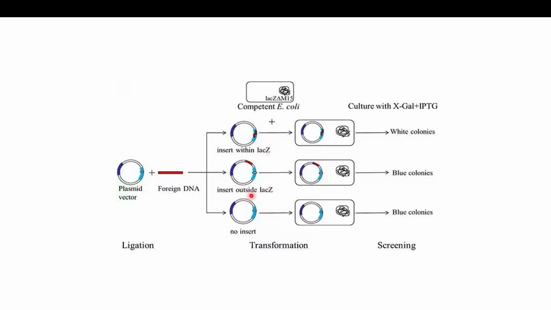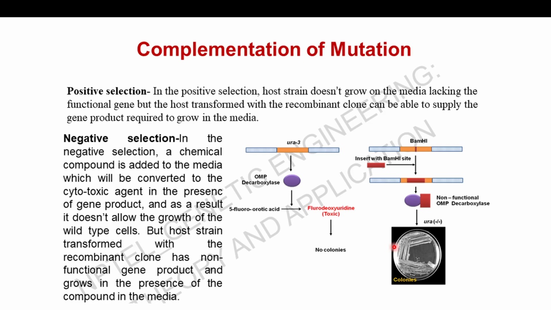Okay. And if the plasmid vector hasn't inserted any foreign DNA anywhere inside it, then also definitely the lacZ gene encoding for the alpha peptide is intact, and it will eventually produce blue precipitate. Okay, so this is a visual screening process here.